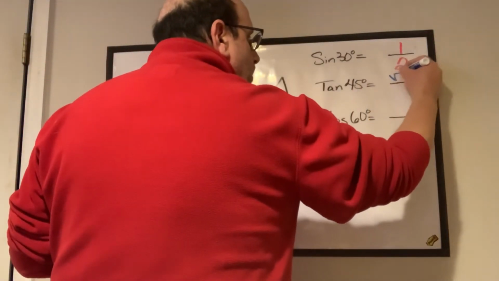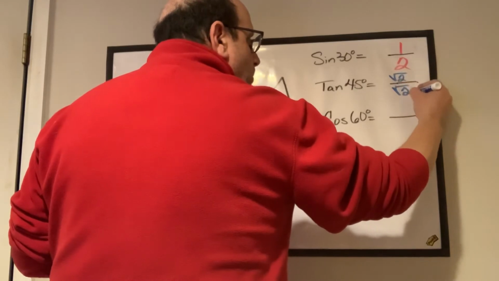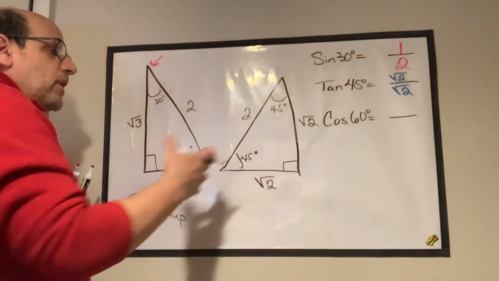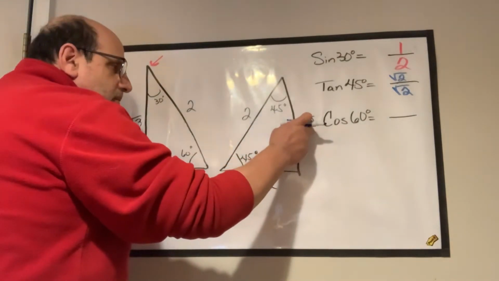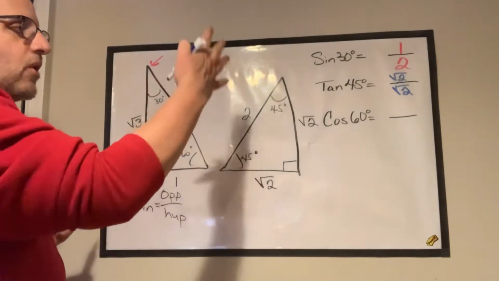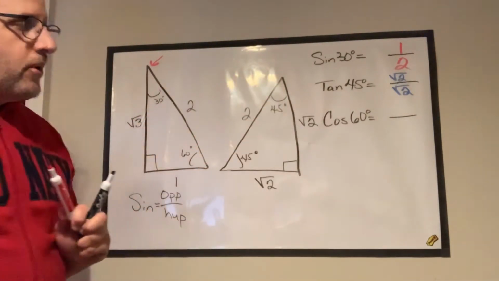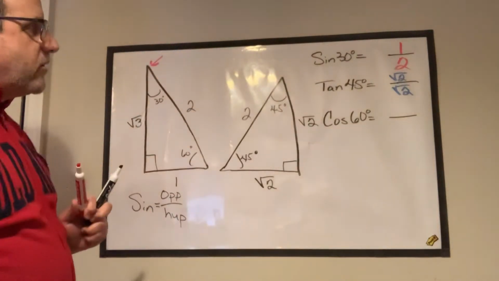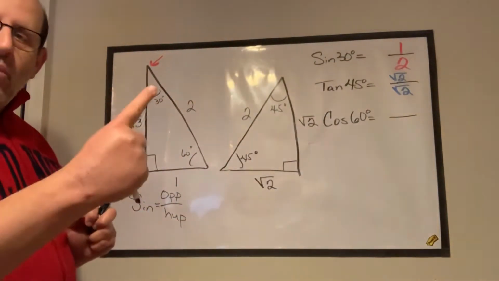So the square root of 2 divided by the square root of 2. We know that, right? If you started from over here, it would be exactly the same thing. The square root of 2 divided by the square root of 2. Now, we already know the decimal form of that answer. It's actually a whole number, right? So now we know the sine of 30 is 1/2. The tangent of 45 is 1.